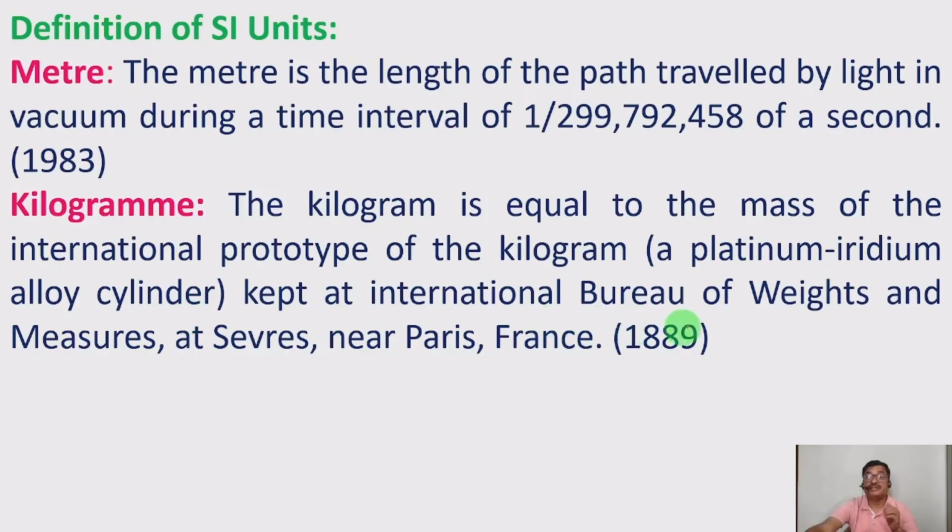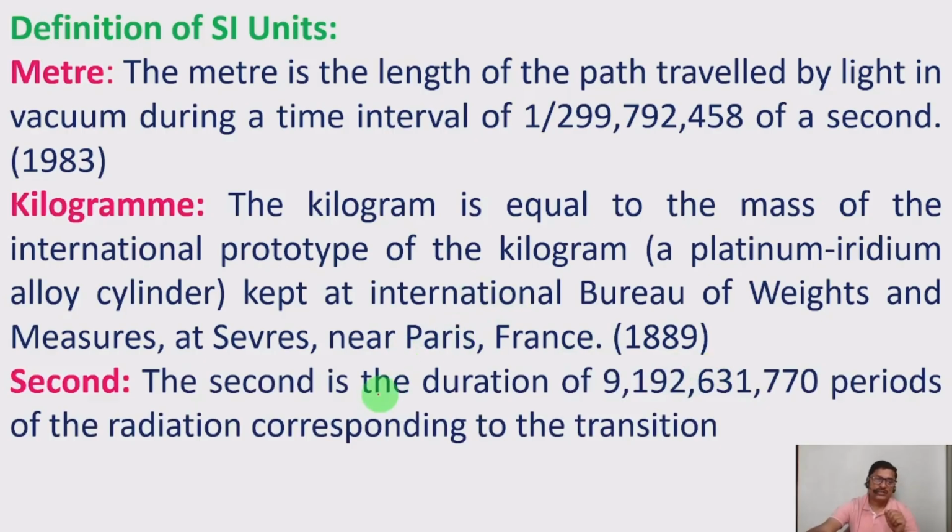It is kept at the International Bureau of Weights and Measures, the BIPM we have discussed, at Sevres near Paris, France, where the head office is. It was defined in the year 1889.